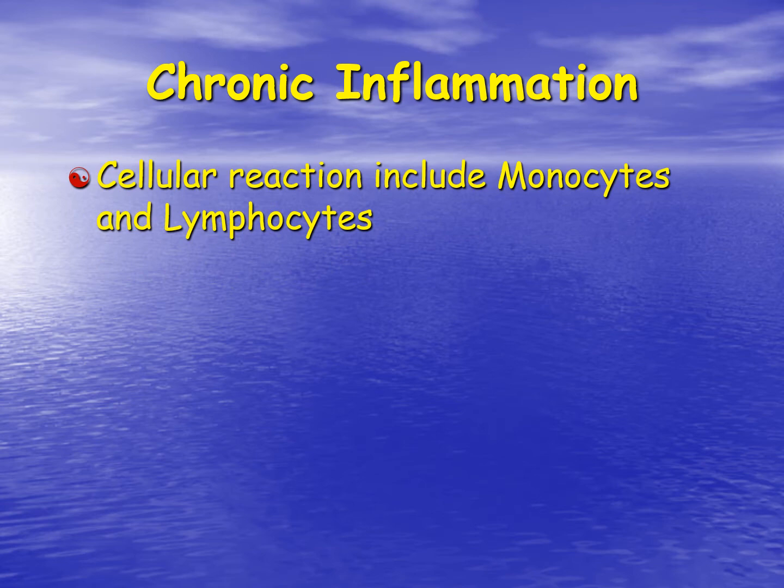Now, chronic inflammation is any inflammation that lasts longer than 6 weeks. This is a cellular response that does not include neutrophils. What we'll see in chronically inflamed areas will be monocytes, macrophages, and lymphocytes.